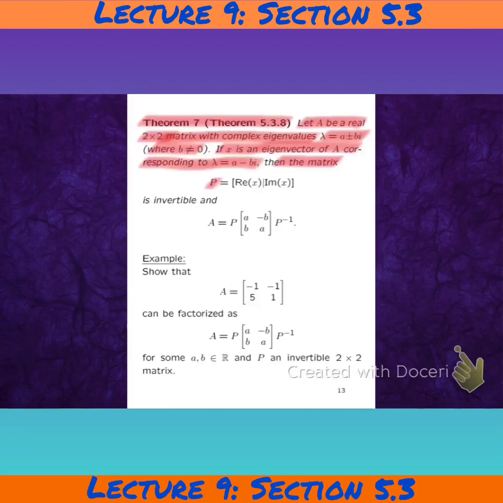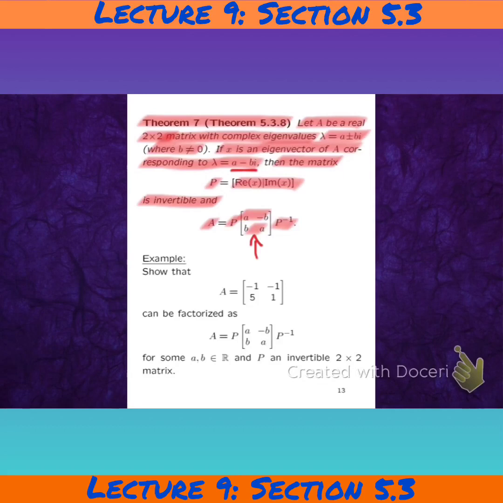Right, so then if you define P in that way, then P is invertible, and you can actually express A as P times this matrix here times the inverse of P. Now, note that you form this matrix from the eigenvalue lambda.